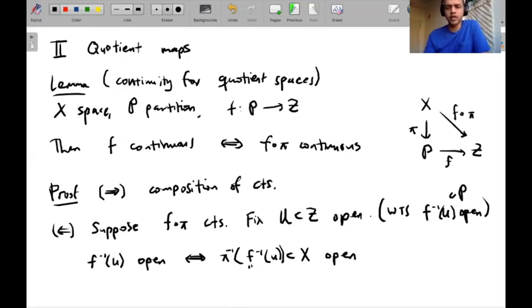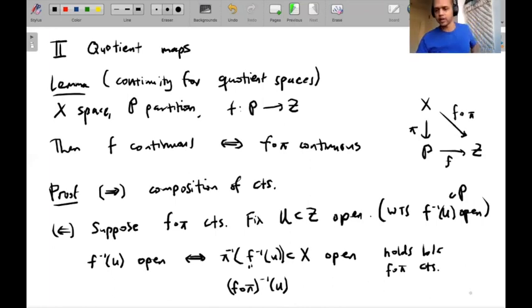But the preimage of the preimage is just the preimage of the composition, and this is open because F composed with pi is continuous. So we wanted to show F inverse of U is open. That's equivalent to this condition, which holds because F composed with pi is continuous. So that's the lemma.